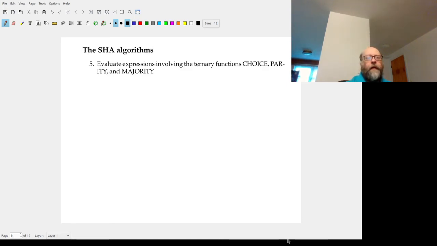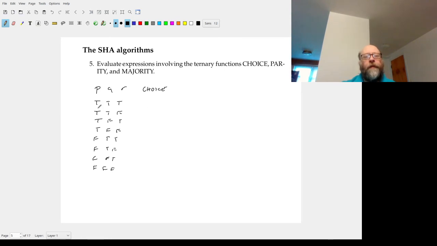All right. So let's talk about the choice, parity, and majority functions. We have three variables, P, Q, and R. Their possible combinations are all true; true, true, false; true, false, true; true, false, false; false, true, true; false, true, false; false, false, true; and all false. All right.